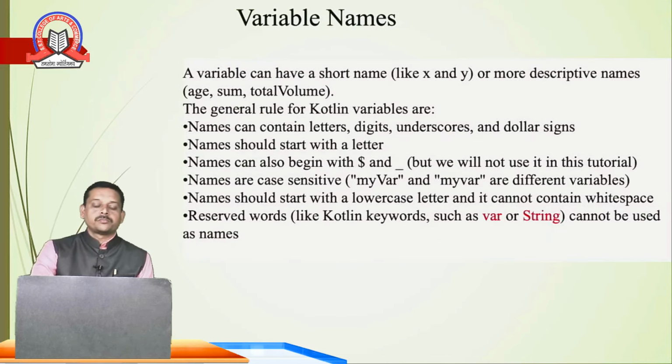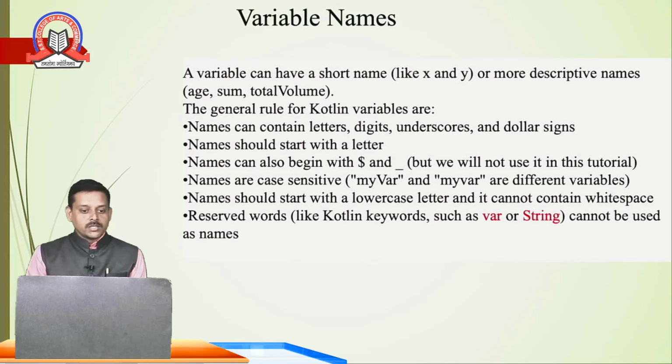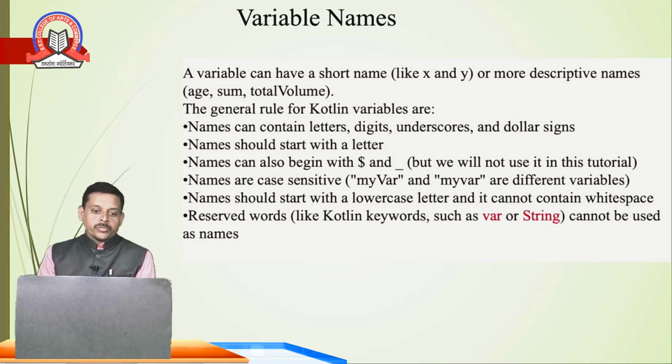Now friends, how to declare variables? There are some naming conventions for variables. In Kotlin, names can start with a letter, or an underscore, or a dollar sign. For variable declaration, the name should start with a letter only.